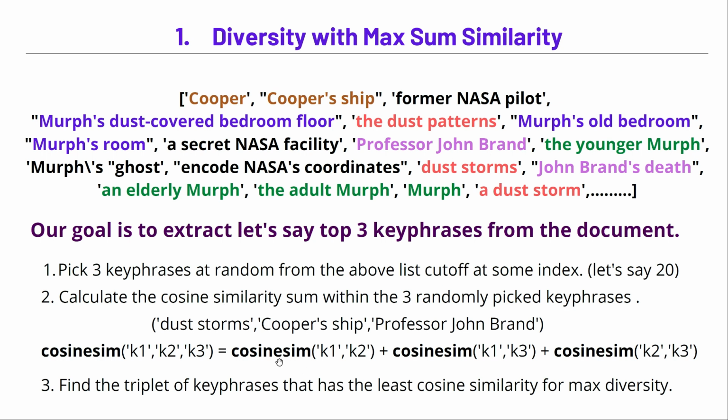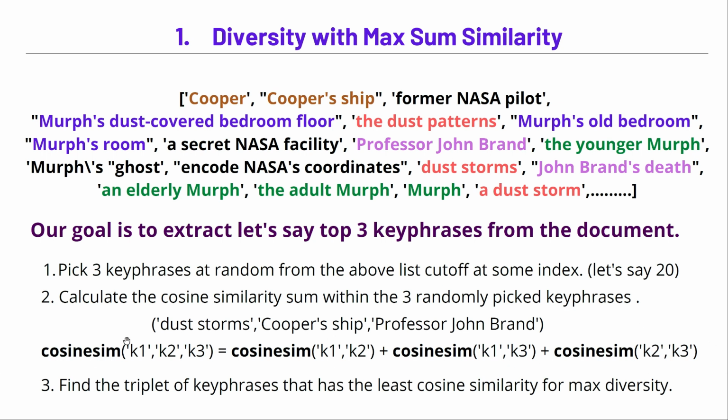And you can do K2 with K1, but that's just going to be again the cosine similarity of K1 and K2 itself. So either you can just take 2 times this thing, or if you want to ignore the number 2, you can just take the cosine similarity of K1, K2, K3 as the sum of these 3 combinations.